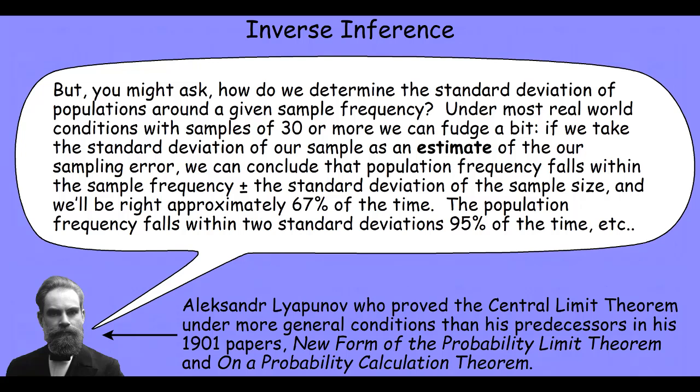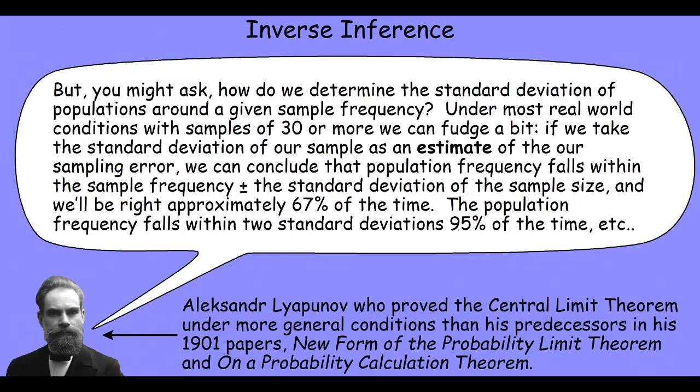Specifically, if we take the standard deviation of our sample as an estimate of our sampling error, we can conclude that the population frequency falls within the sample frequency plus or minus the standard deviation of the sample size. And we'll be right approximately 67% of the time. The population frequency will fall within 2 standard deviations approximately 95% of the time.